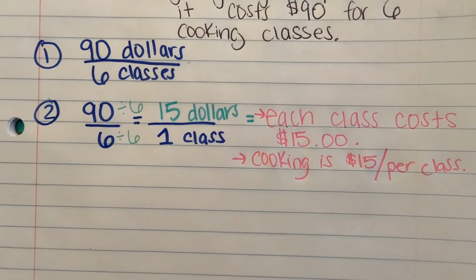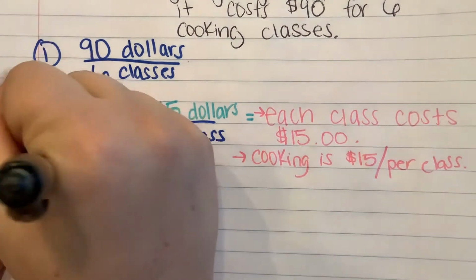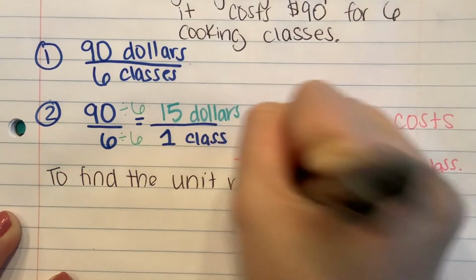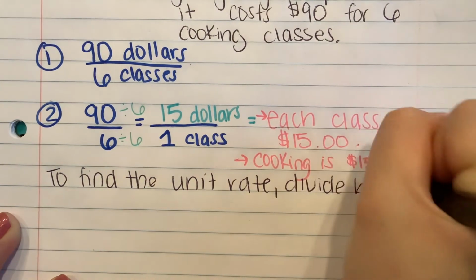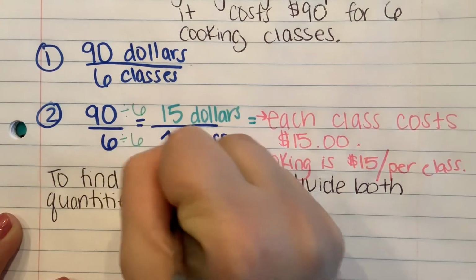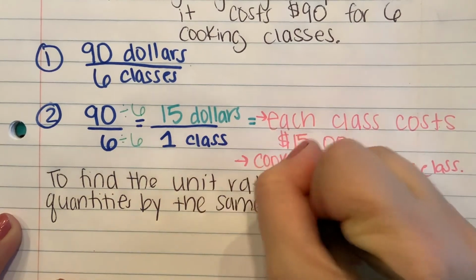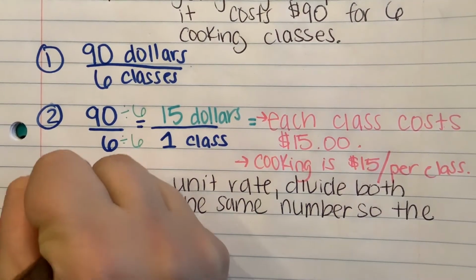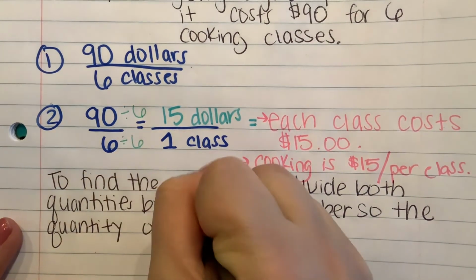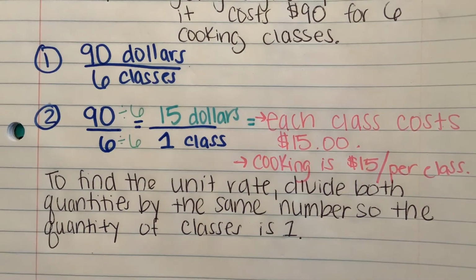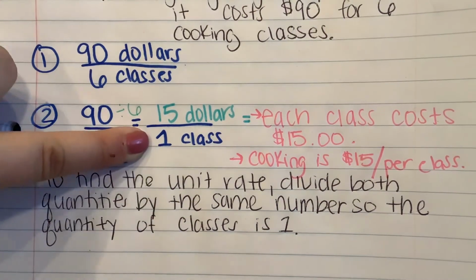Okay, so let's write down what we just did. So we said to find the unit rate, divide both quantities by the same number. So the quantity of classes is 1.